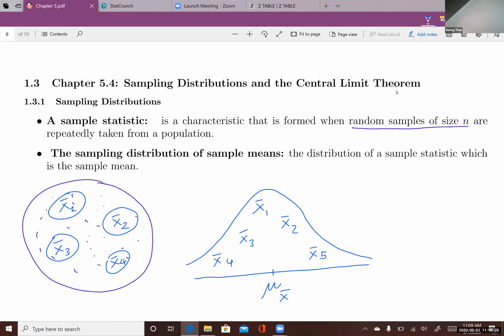Once I have all the samples that I collected, in each sample I can also calculate standard deviations. This is the distribution of the sample means that I collected from my samples. I found the mean of this distribution, and I can also find the standard deviation of this distribution.